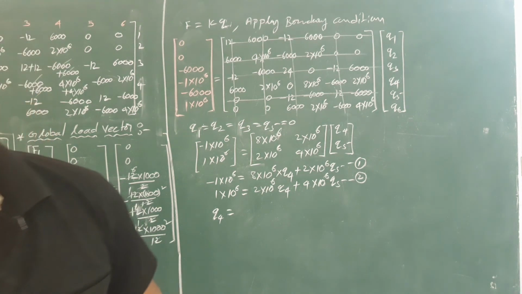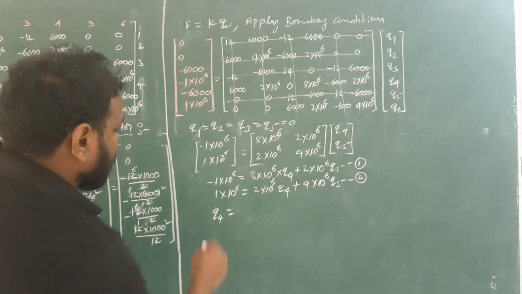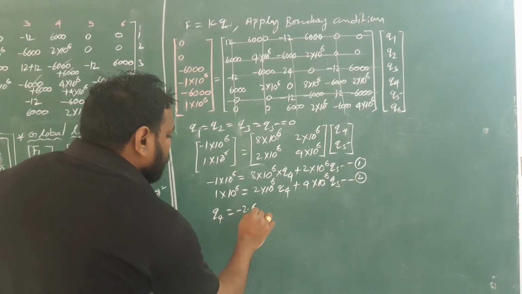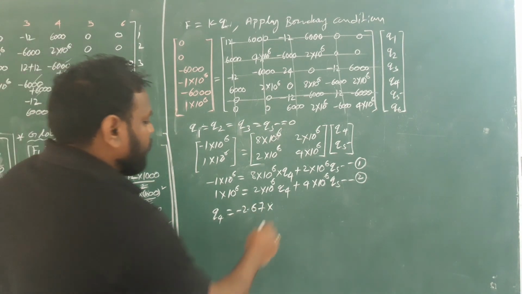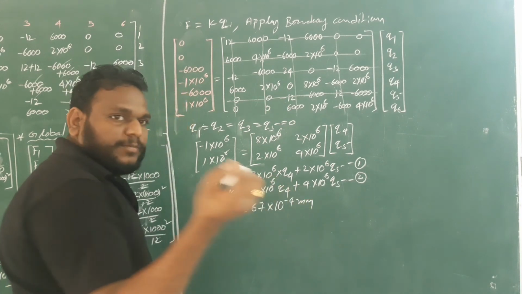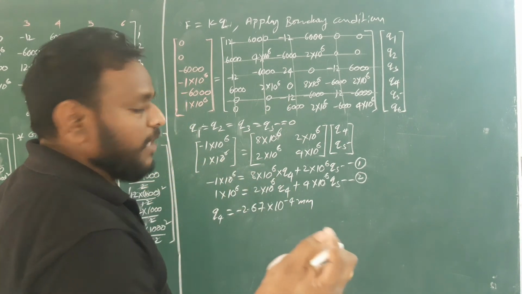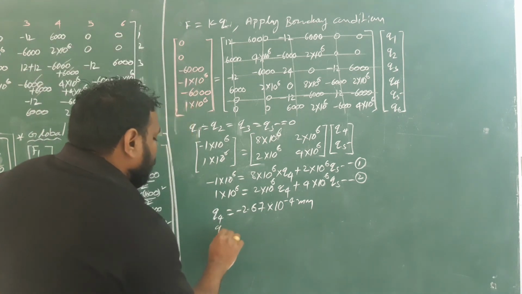Q4 is minus 2.67 into 10 to the power of minus 4 mm. Very small deflections, angular deflections. This is Q4 and Q5.